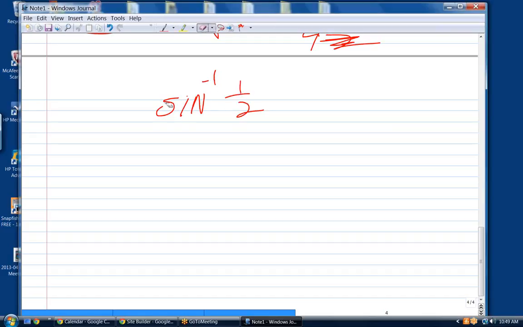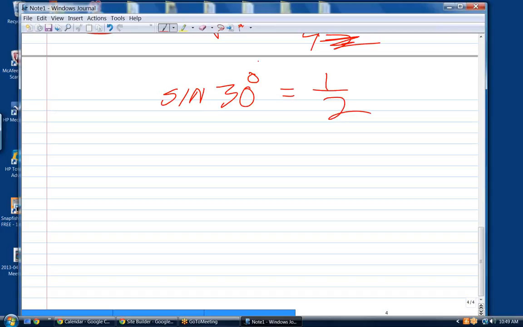Here, let me explain the principle. If the sine of an angle, remember we are always taking trig functions of angles, equals a number, this is the angle, this is the number. Forget radians for a moment. Let's keep angles in degrees, numbers as numbers.